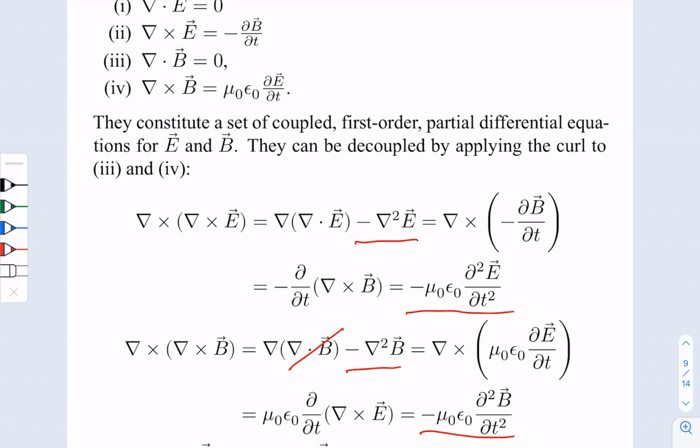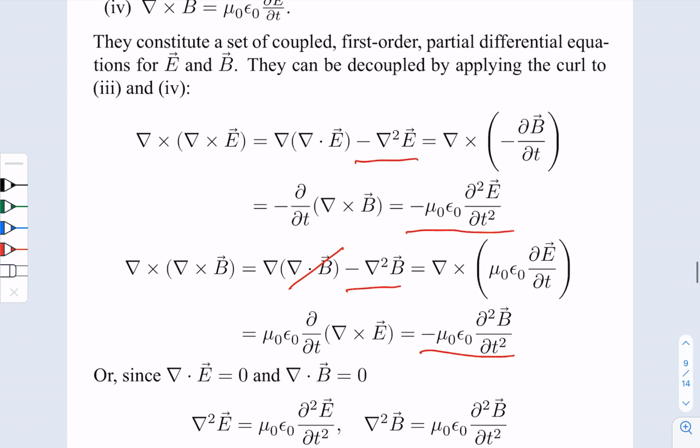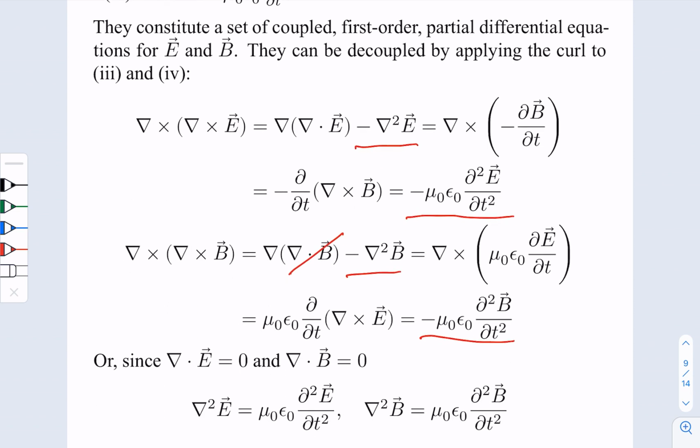After we do a del cross, the first equation only involves the E field, and the second only involves the B field. But the equations for E and B are exactly identical to each other. So that is the wave equation for the electric field and the magnetic field.